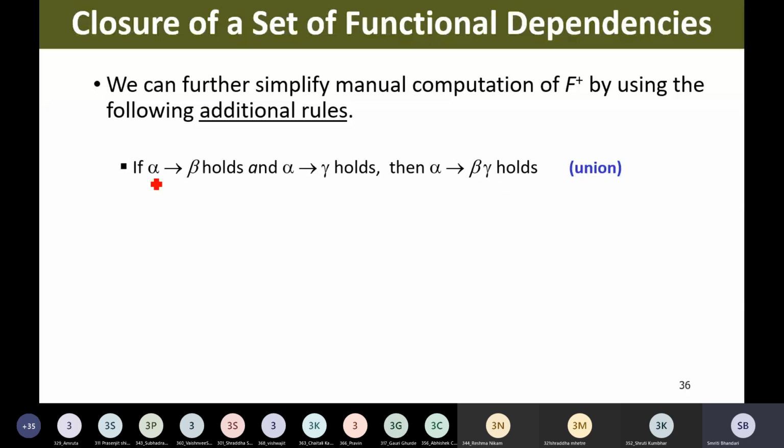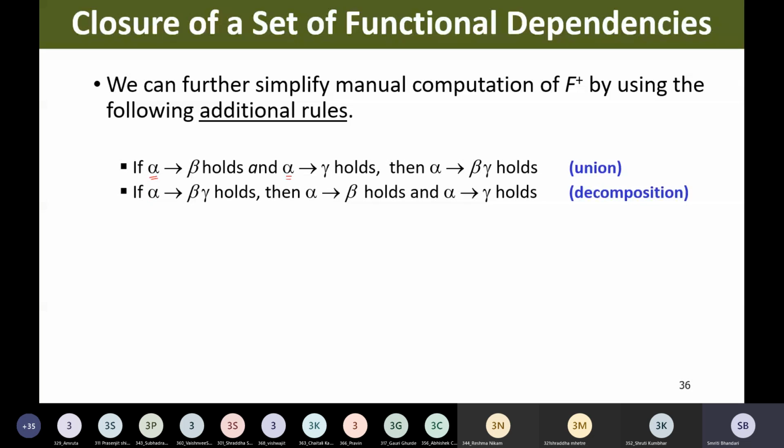Meaning, if the determinant of the functional dependency, that means the left hand side of the functional dependency, is the same, then we may have the union of the right hand side, and we may come up with a new functional dependency, alpha determining the union of right hand side, that is beta gamma. So simple it is, right? So this rule is known as the union rule.